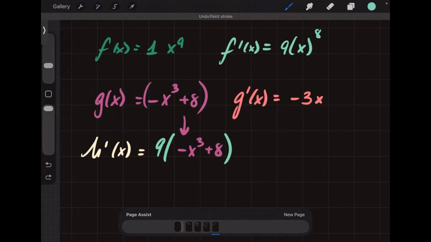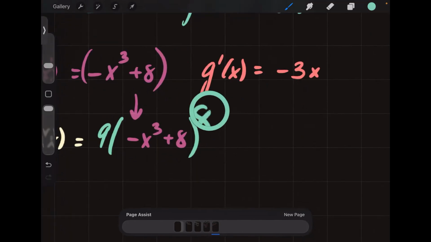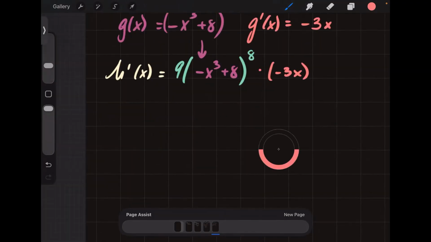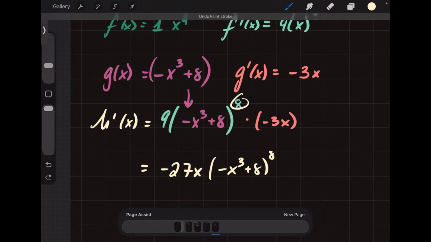Oops, sorry, an 8 up there. Times g prime. g prime is negative 3x. And if you would like, you are welcome to write this as negative 27x times negative x to the 3rd plus 8 to the 8th. These two 8s are unrelated, okay? Unrelated.